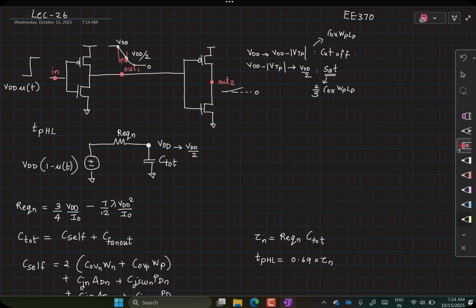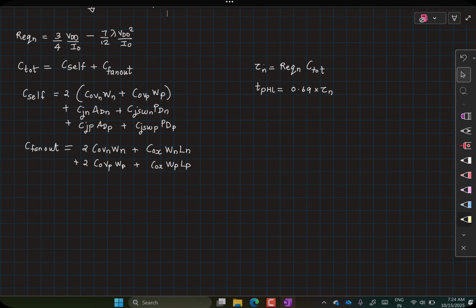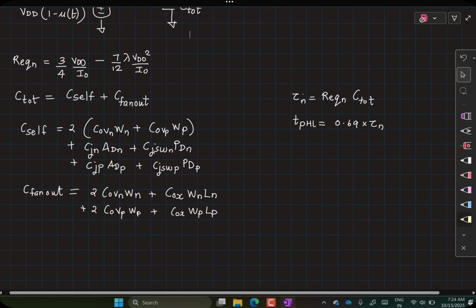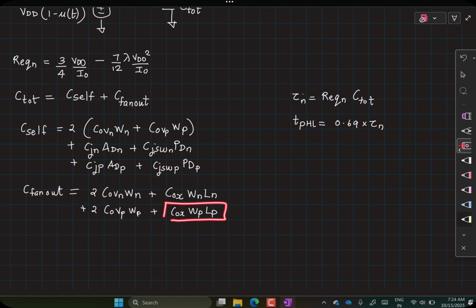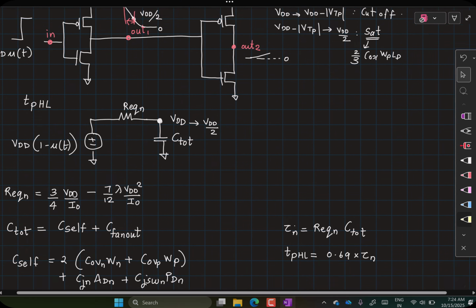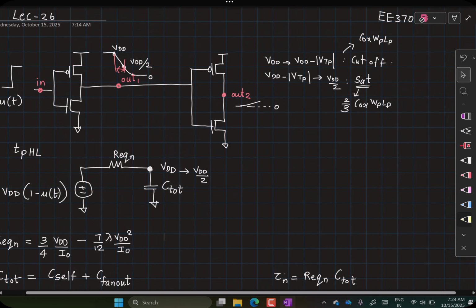And now you can see that it is going to add a little bit more complications to our calculation, and think about how much benefit and accuracy you are getting by doing all of this, right? So it's not much. If you were to put the COX WP into LP here, you will make an error, but that error is expected to be a small fraction of your whole capacitance. So for a first order estimate, it is reasonable to assume that the transistor capacitance remains at COX into WP into LP.